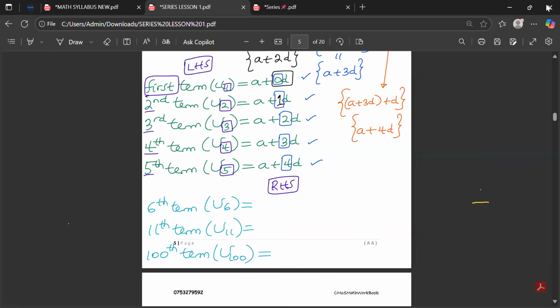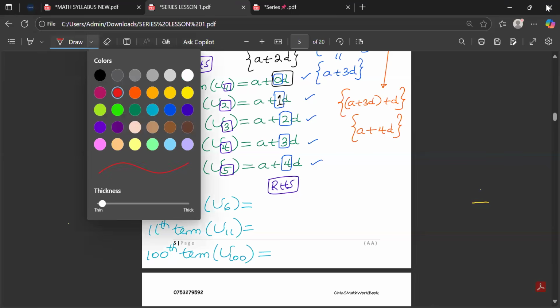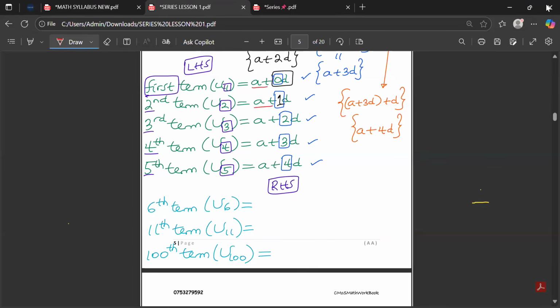Remember, this A is constant. You can see the A plus throughout, A plus, A plus, A plus. Even the D throughout, D, D, D, D. But what usually differs is that K number before D, which may relate to these numbers here, the subscripts which correspond to which term.